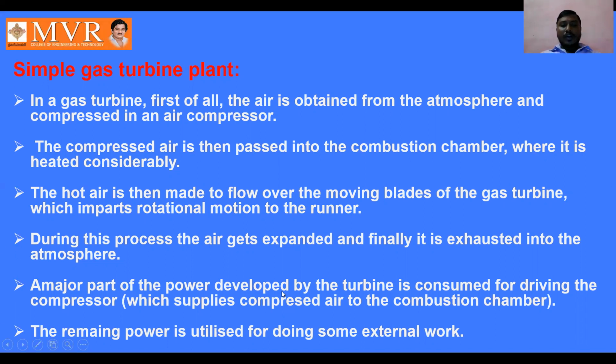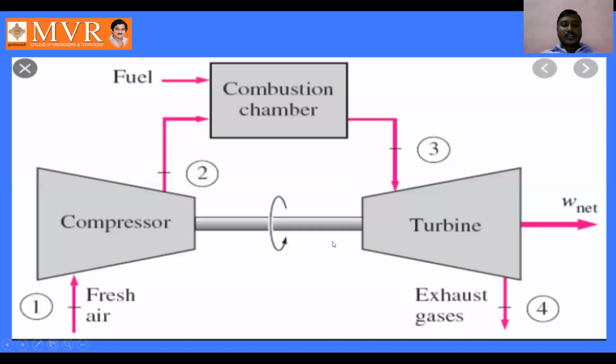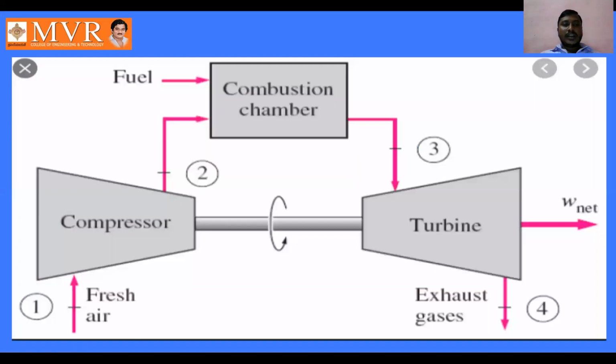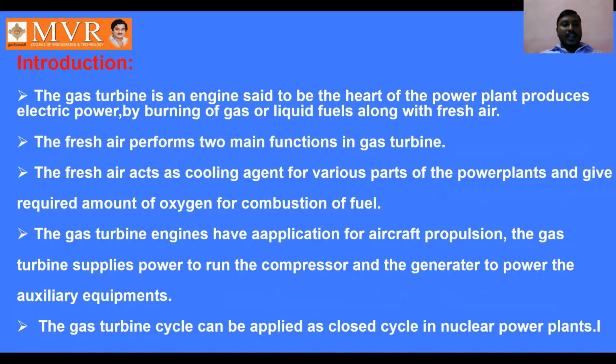A major part of the power developed by the turbine is consumed for driving the compressor. The remaining power is utilized for doing some external work. This is about the simple gas turbine plant, and I hope you have understood about the gas turbine plant.